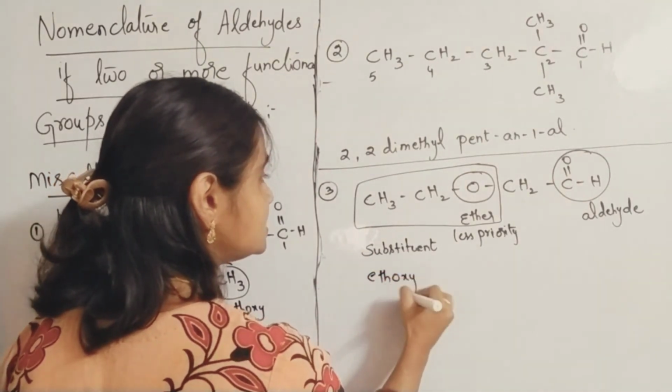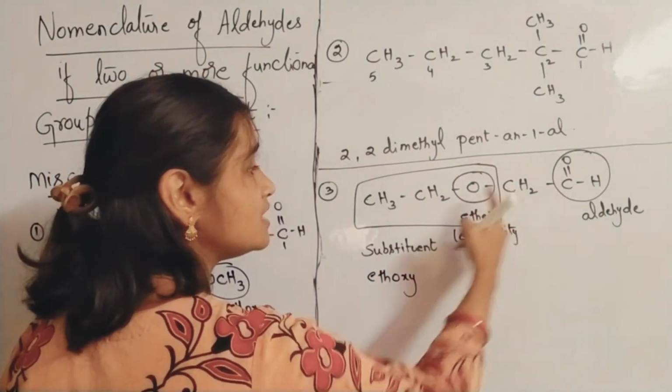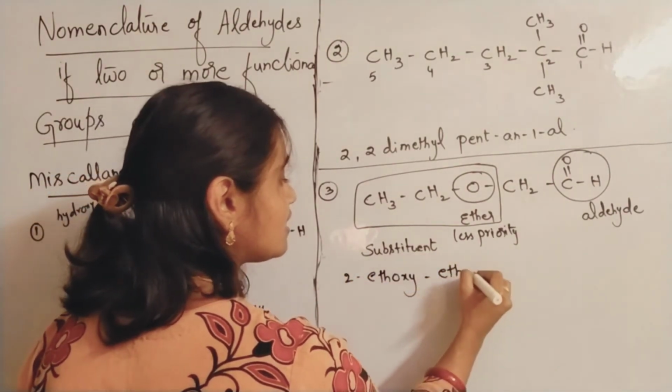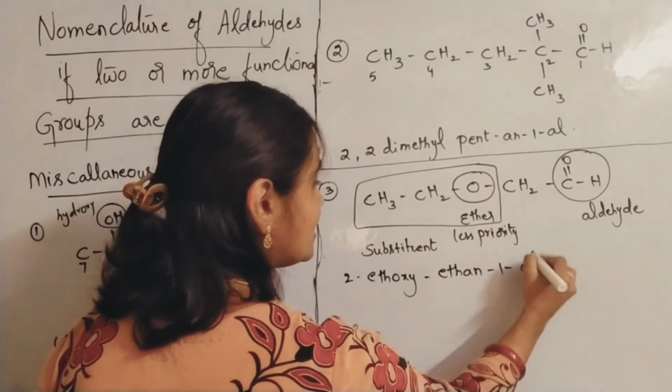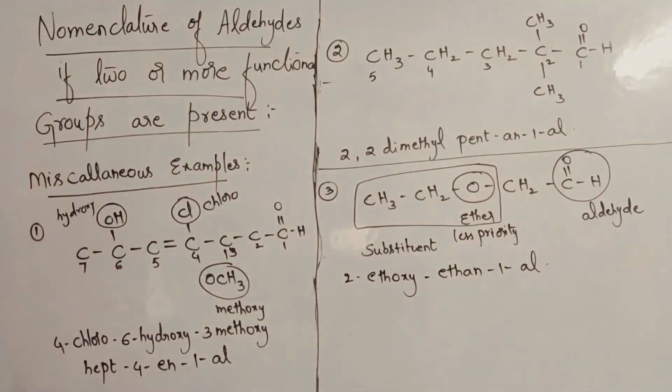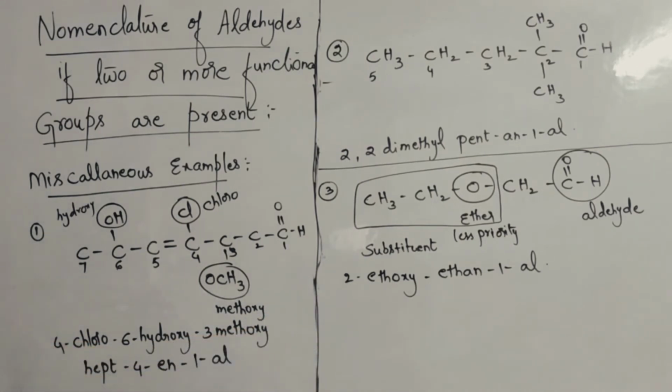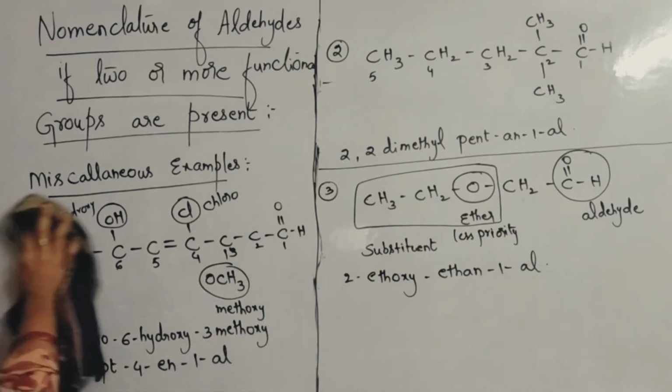Ethoxy. This ethoxy is connected to which carbon? Second carbon. So 2-ethoxy ethane-1-al is the name of this compound. Okay, very very important. Most of the times this question is asked. So please note it down carefully.